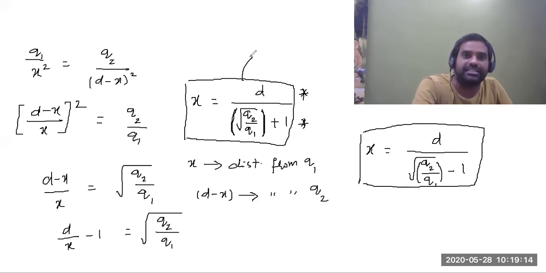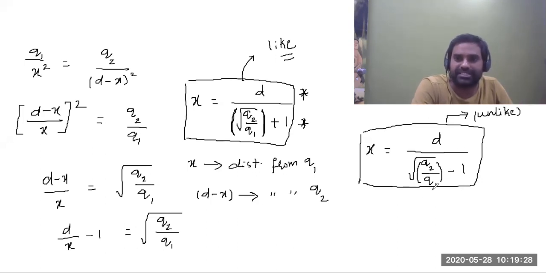The earlier formula is for like charges, meaning either plus plus or minus minus. This formula is for unlike charges, meaning one is plus and another is minus. You will get minus here. This is your homework, students. I will ask you for the derivation. You do the derivation for under root Q2 by Q1 minus 1, where X is the position of the null point.